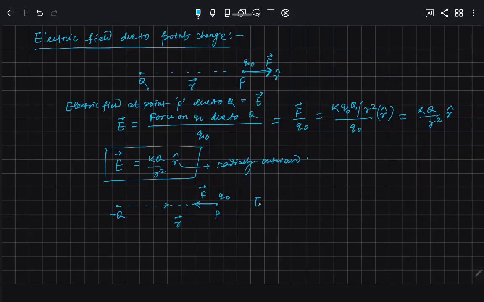So the electric field due to the point charge at point P is equal to KQ by R square along minus R cap direction, which we call radially inward, right? Radially inward.